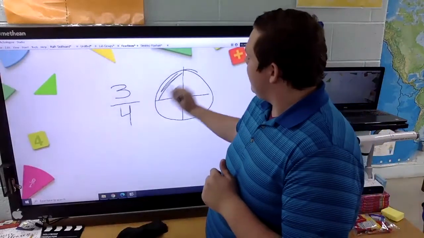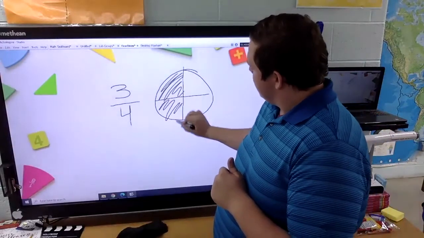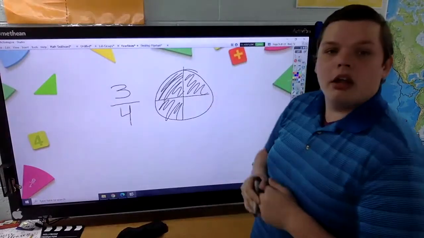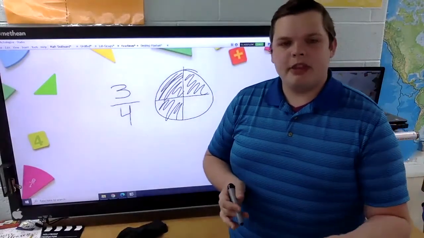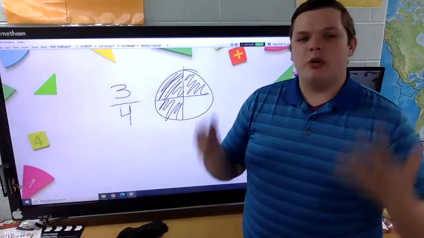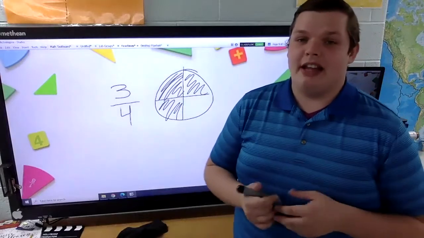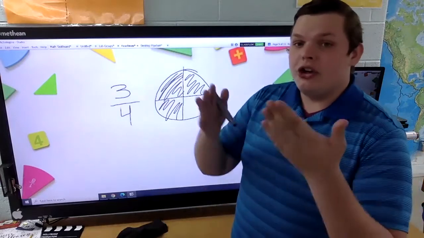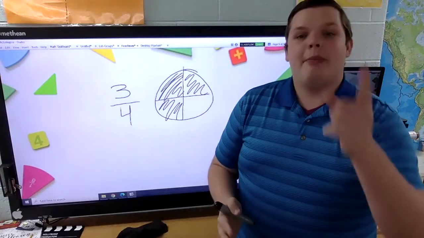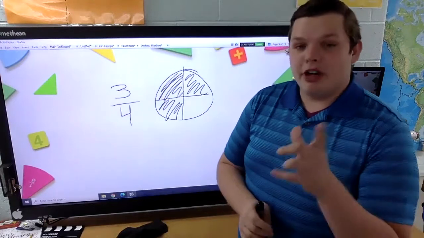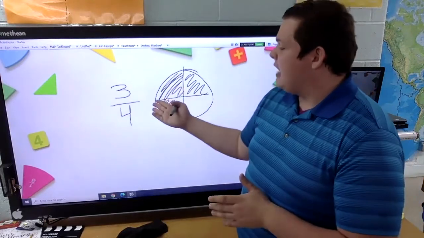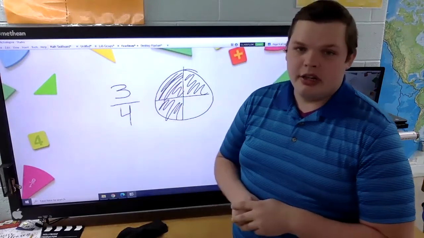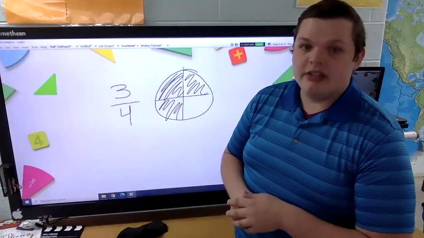Top number's 3, so I've got to shade in 3 sections. 3/4. Now, to find an equivalent fraction, it's really easy. You have to multiply your numerator and denominator by the same number. For instance, I can make 3/4 into 6/8.